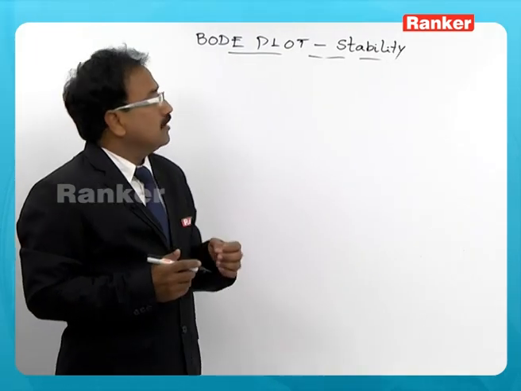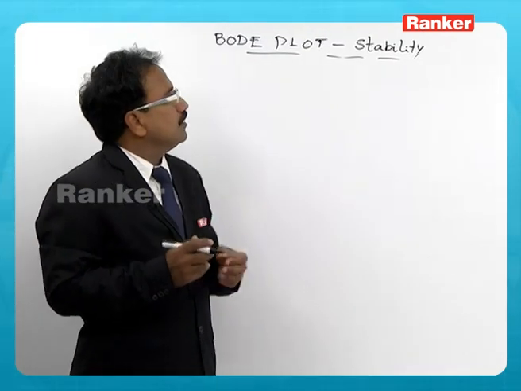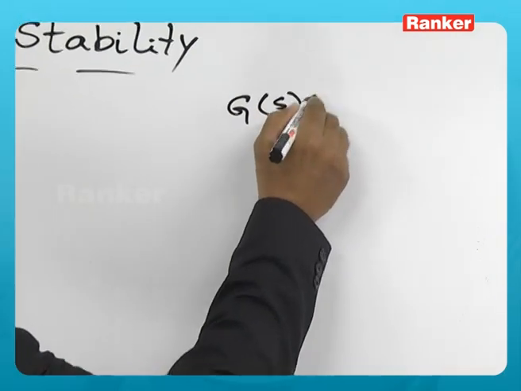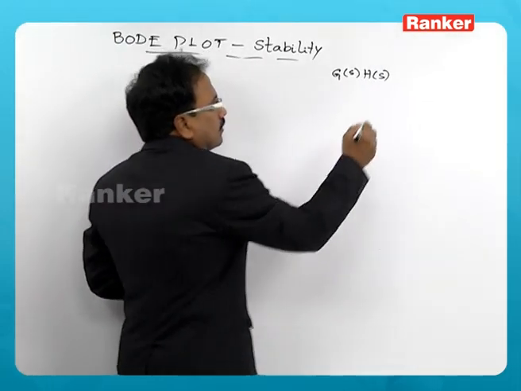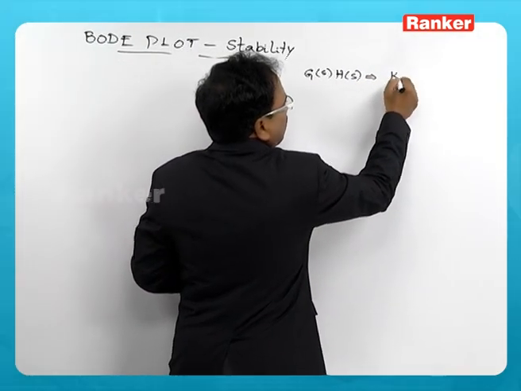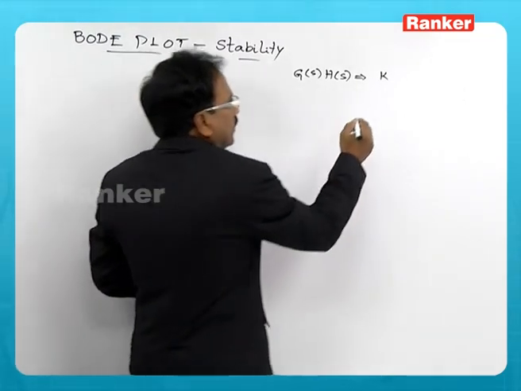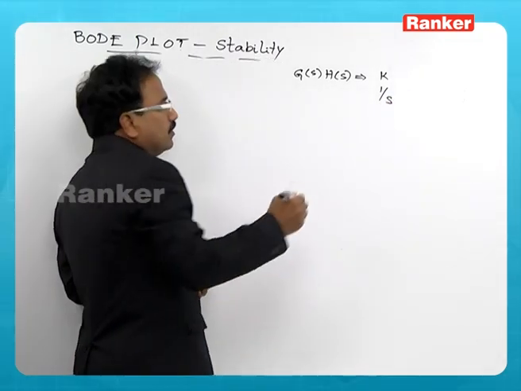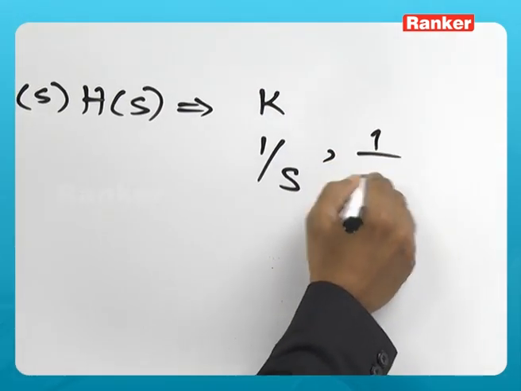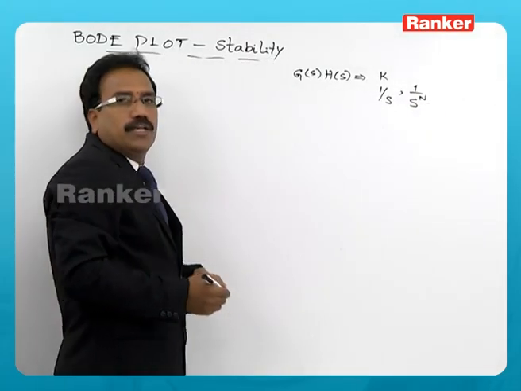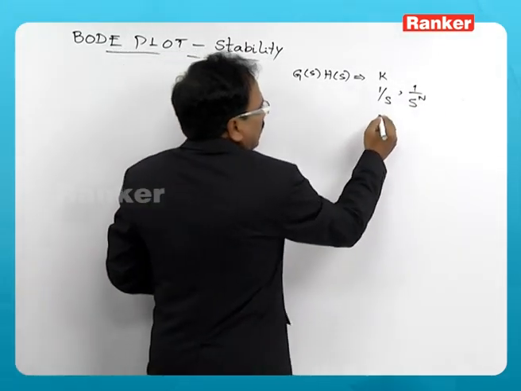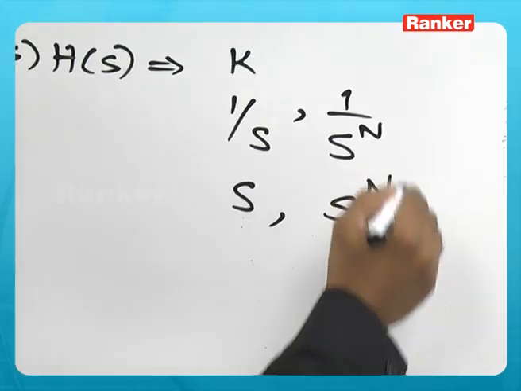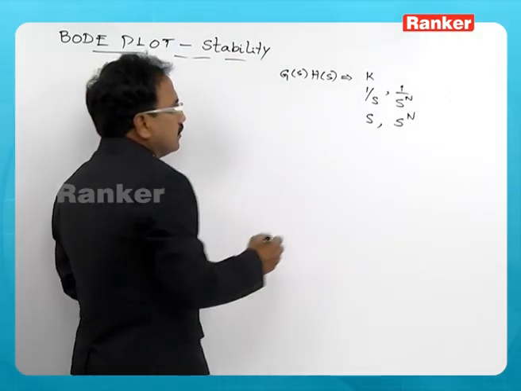So, the various terms that appear in given loop transfer function, g of s into h of s, there will be a constant, then there will be pole at origin and number of poles at origin, where n is number of poles, and there may be a 0 at origin and there may be number of zeros at origin.